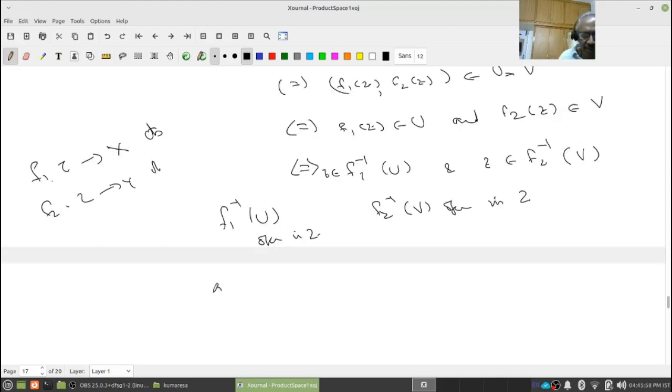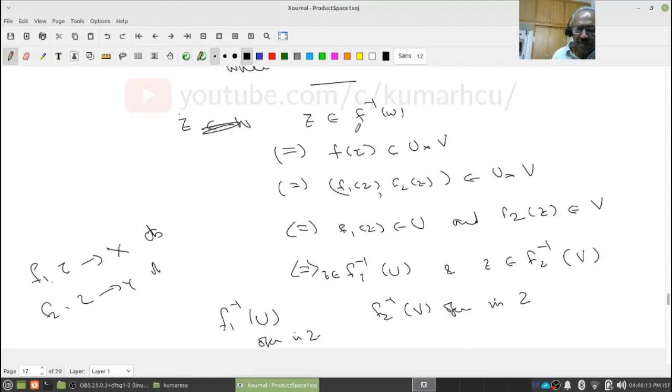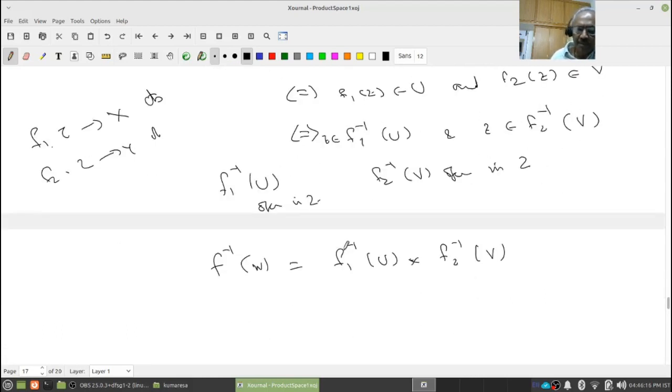Therefore, f inverse of W is nothing other than f1 inverse of U and f2 inverse of V, because z belongs to f inverse of W if and only if z belongs to f1 inverse of U and z belongs to f2 inverse of V. That means z belongs to the intersection. Sorry, I wrote common, I'm sorry. It's the intersection. This is open in tau z, this is open in tau z, therefore the intersection is open in z. So we proved this is open.